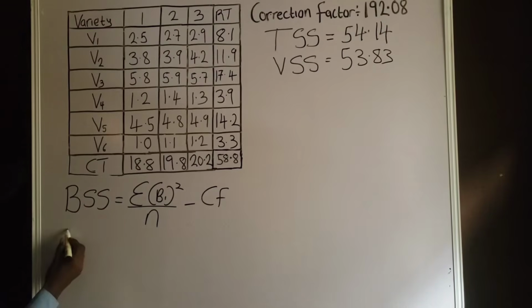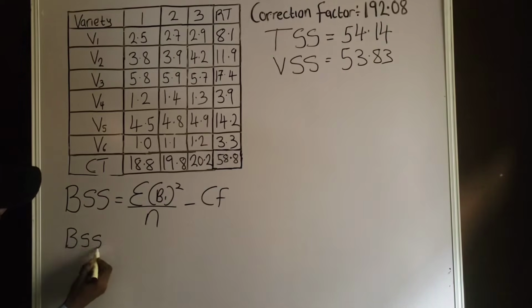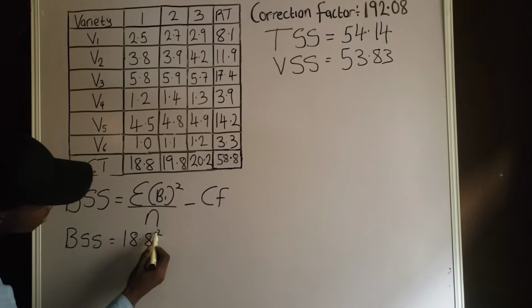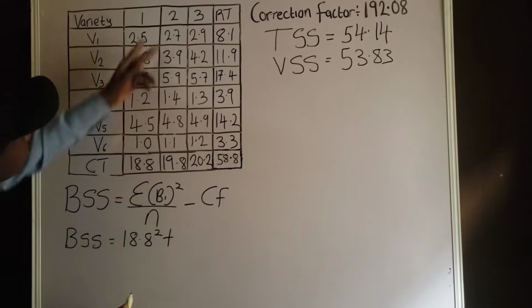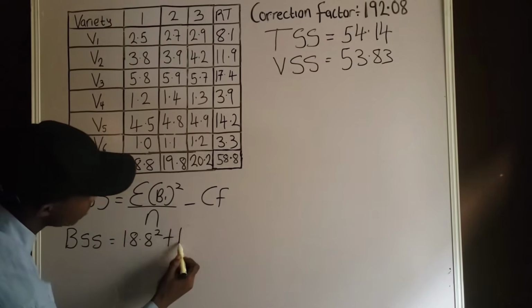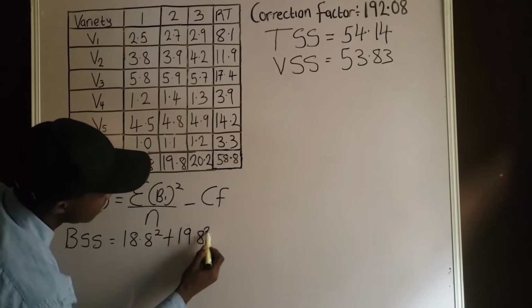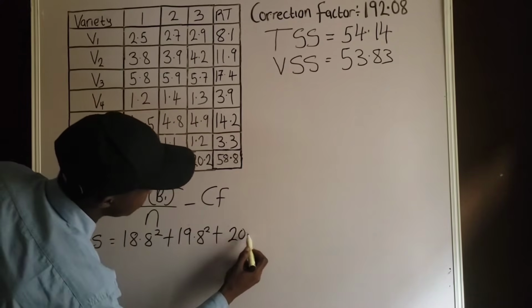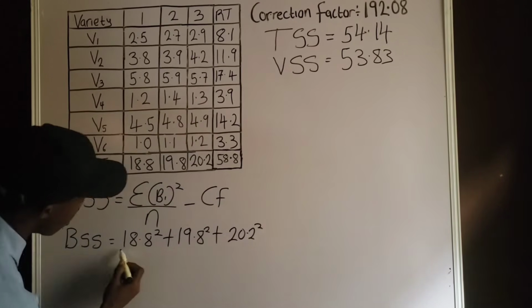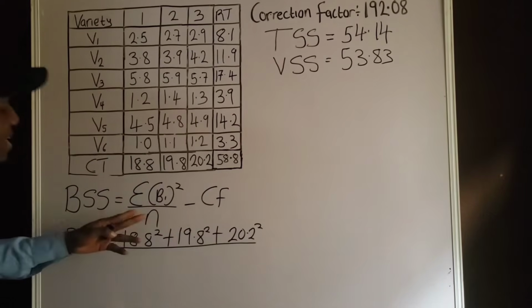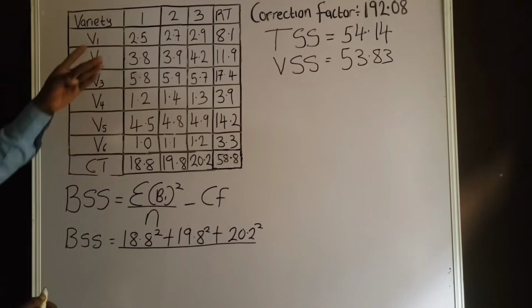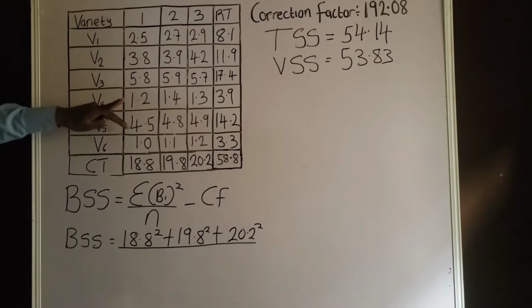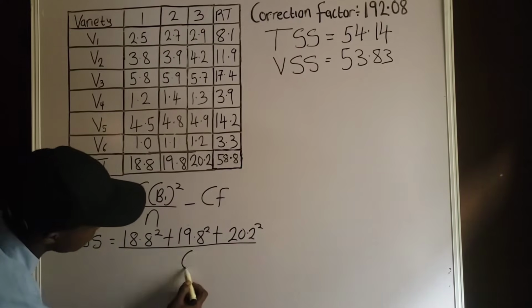So the block sum of squared is equal to 18.8 squared plus the sum of block 2, which is 19.8, so 19.8 squared, plus the sum of block 3, which is 20.2, so 20.2 squared, all over n. N is the number of times that each block repeats itself. For this, I have 1, 2, 3, 4, 5, 6. So that will be all over 6.